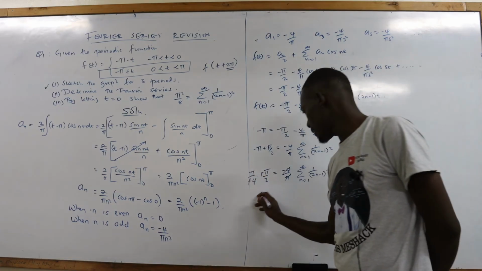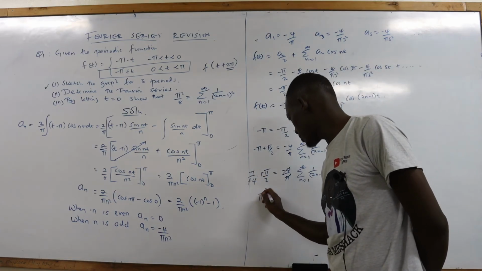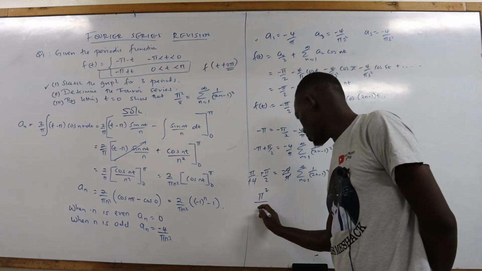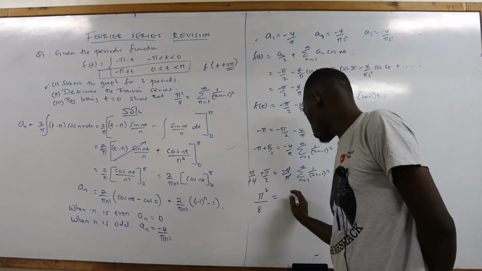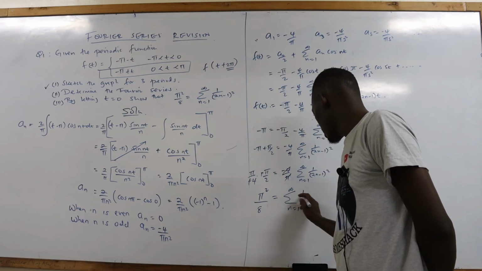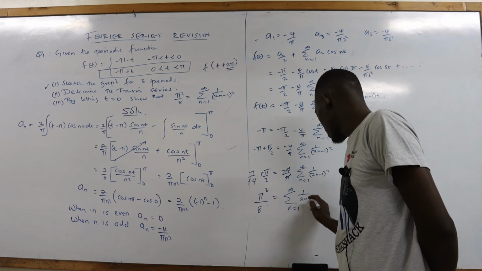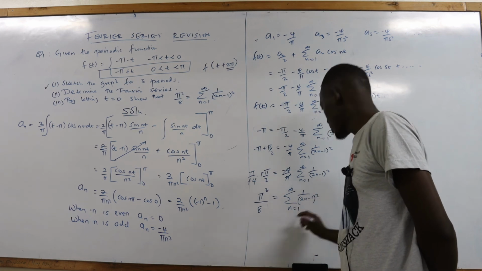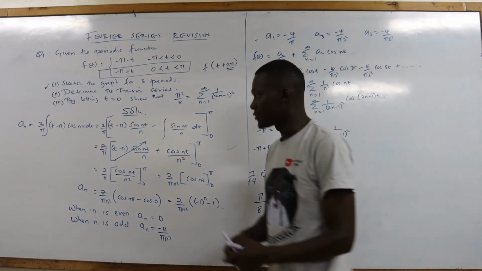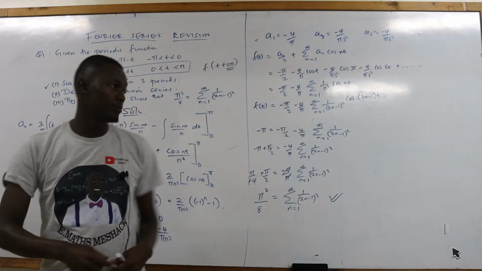So pi times pi gives me pi squared. 2 times 4 gives me 8, equals summation n equals 1 up to infinity 1 over (2n minus 1) squared. Students, that gives you the last bit.